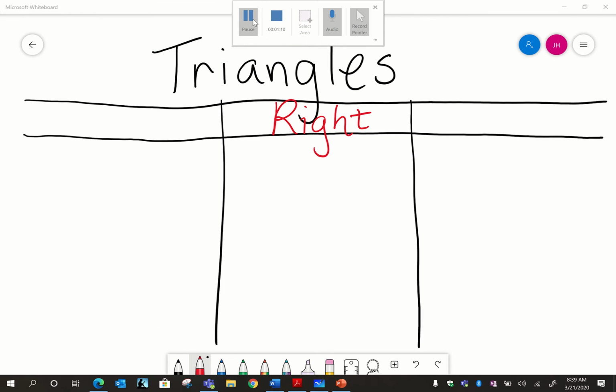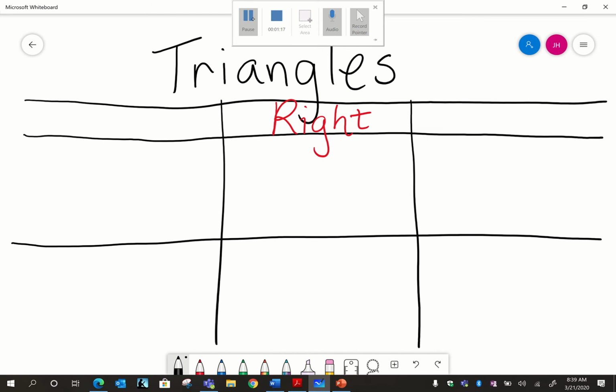Here, I'm going to show you a little bit of the right, acute, and obtuse. So remember, the acute is less than 90 degrees.